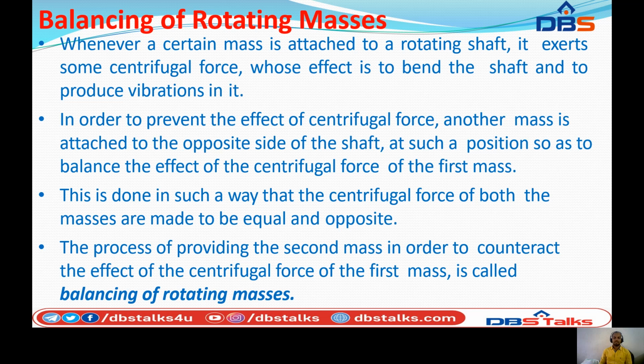In order to prevent the effect of centrifugal force, another mass is to be attached to the opposite side of the shaft at such a position so as to balance the effect of centrifugal force of the first mass. This is done in such a way that the centrifugal forces of both the masses are made equal and opposite.